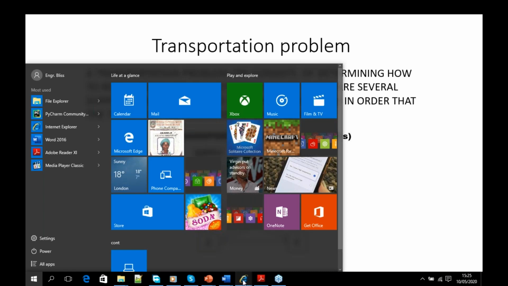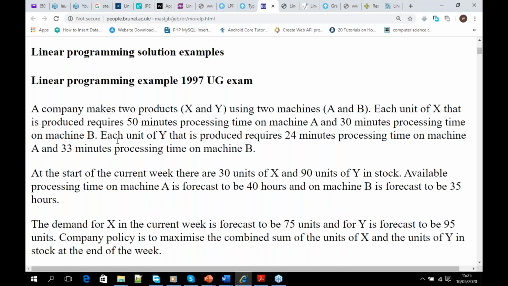Then the constraints: 50X plus 24Y is less than or equal to 40 multiplied by 60, which is the machine time in minutes. And for the other, 30X plus 33Y is less than or equal to 35 multiplied by 60. So that's for machine B.